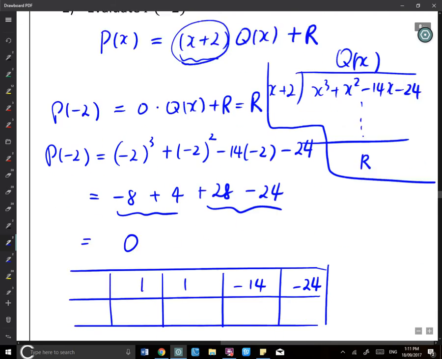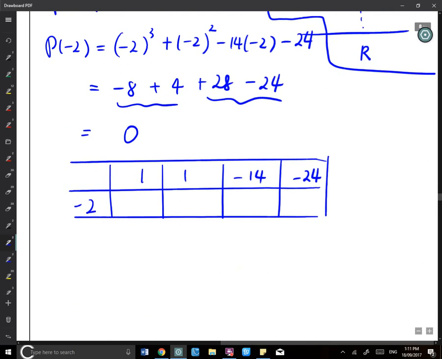The first number goes directly down. Negative 2 times 1 is negative 2, plus 1 is negative 1. Negative 2 times negative 1 is 2. 2 minus 14 is minus 12. Negative 2 times minus 12 is 24. 24 plus negative 24 is 0.